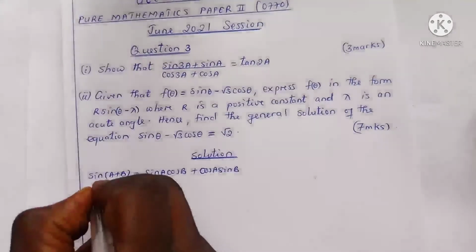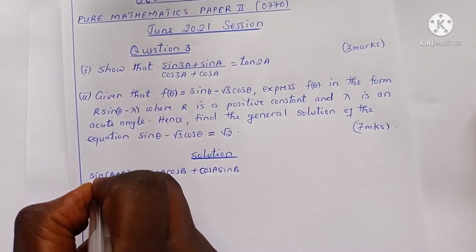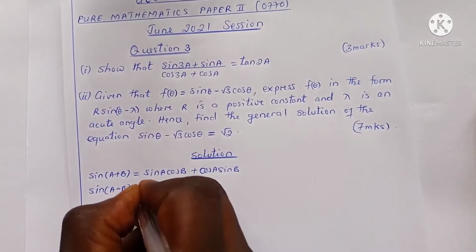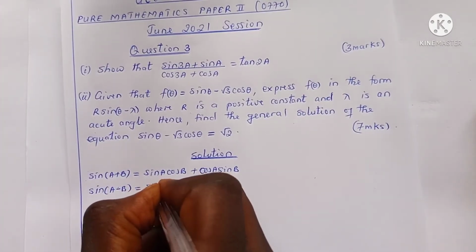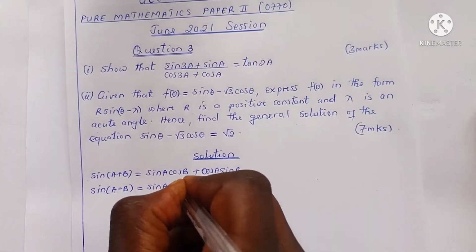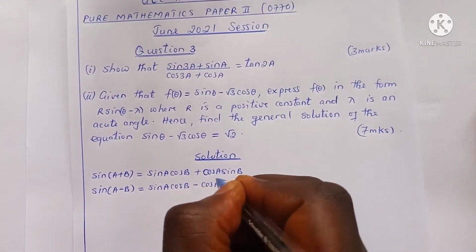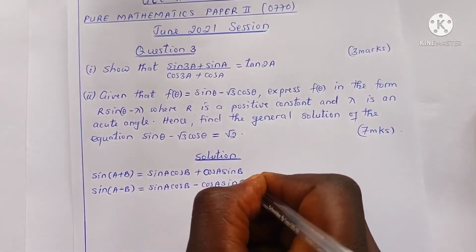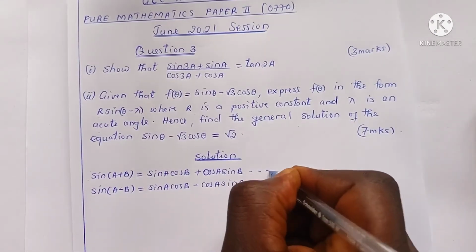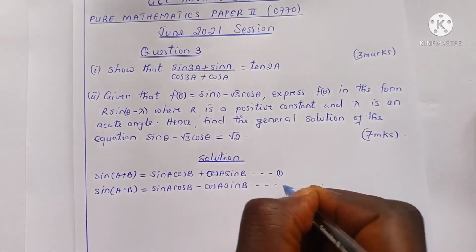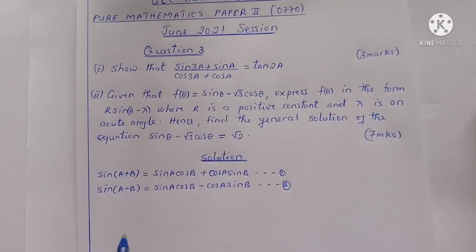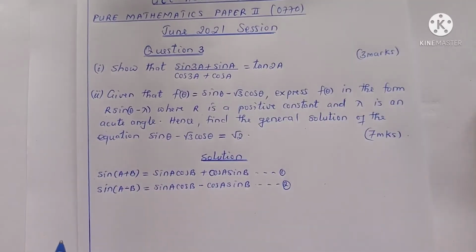We also know that the sine of a minus b is equal to the sine of a times the cosine of b minus the cosine of a times the sine of b. Let's call this equation 1 and this equation 2. These are compound angle identities and there are many ways of deriving them, but we are not going to go that far. Let's end at this level.